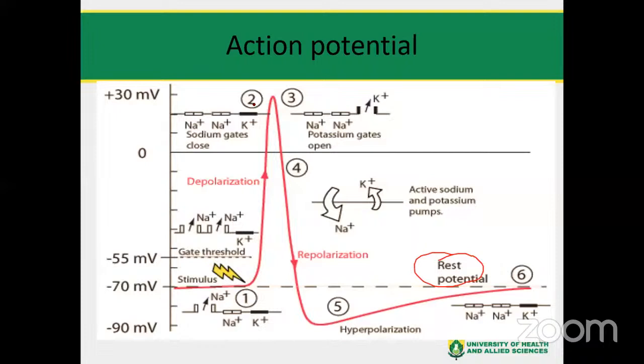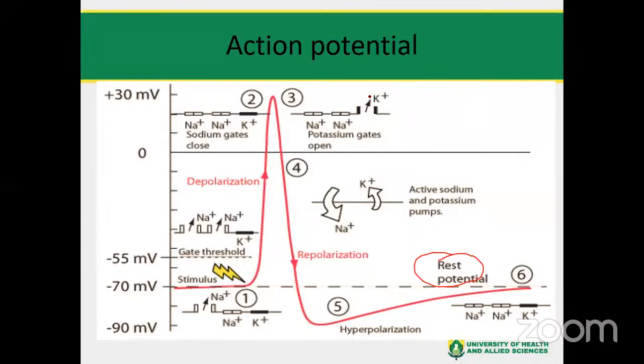And there are factors that prevent it from getting there. Number 1, we said the sodium ion channel will enter into a state we call the inactivation phase. Number 2, the potassium ion channels at that level also start to open, and so potassium ions move out of the cell.